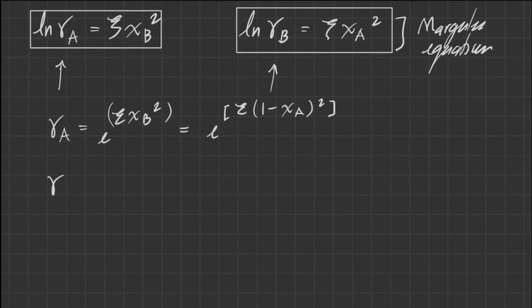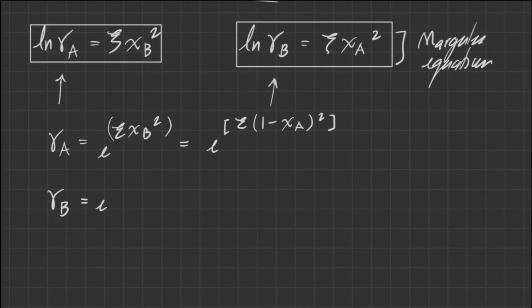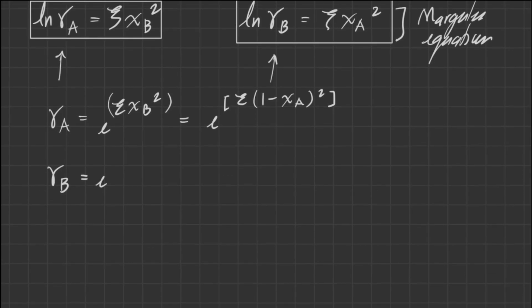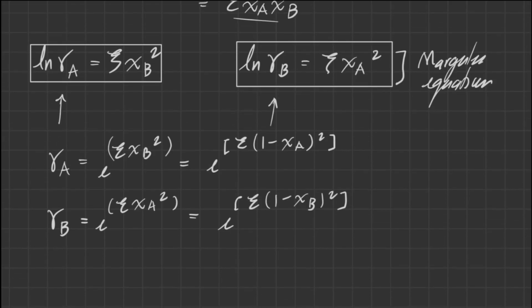Similarly, you can do the same thing for the activity coefficient of B, which is equal to e raised to the xi xA squared, so the opposite. Or you could just plug in 1 minus xB for xA and get the following expression. So here are your expressions to find the activity coefficient of a regular solution.